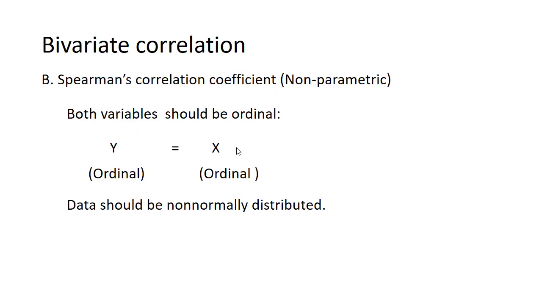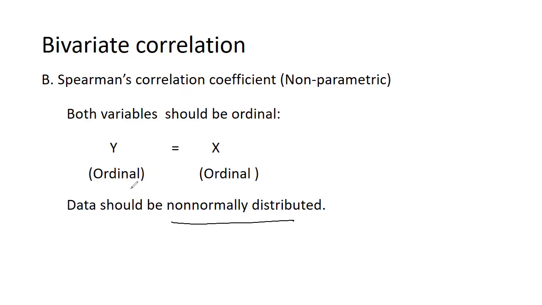Second is the Spearman correlation coefficient. It is non-parametric. If my data is not normally distributed, it is not necessary that data is always normally distributed. Data may be interval or continuous, but it is not necessary that your continuous data is always normally distributed. Sometimes it is not normally distributed. Then what will we do?